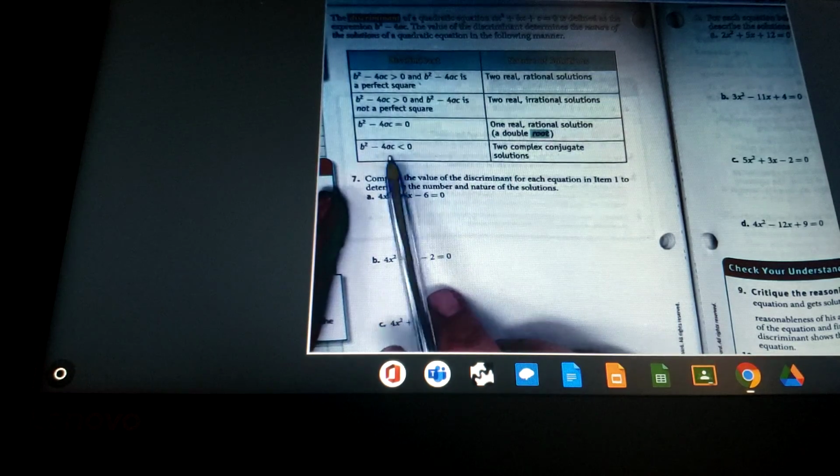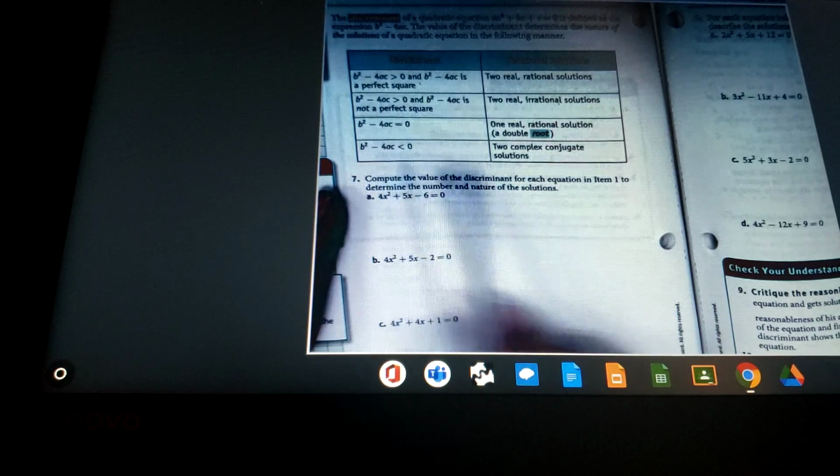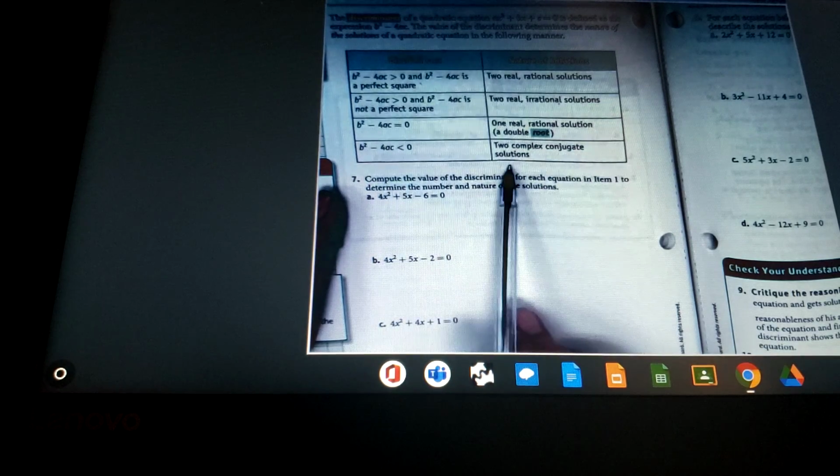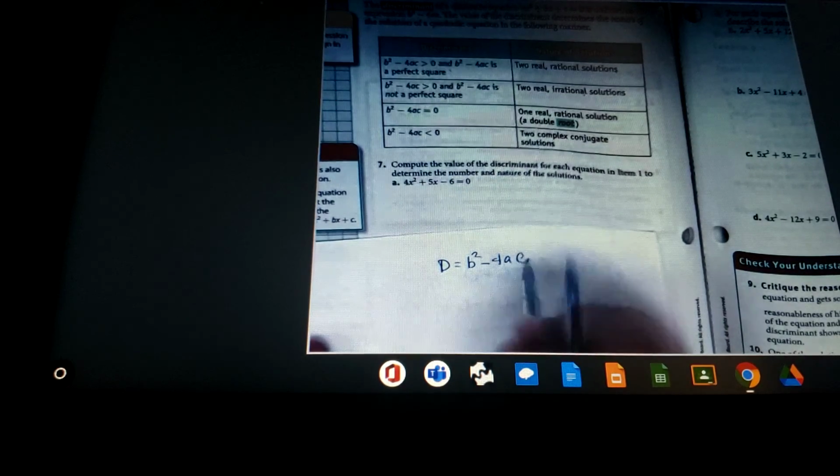If it is less than 0, two complex conjugate solutions. I want you to copy that to your notes. This is the nature of the solutions. Discriminant is equal to b squared minus 4ac.